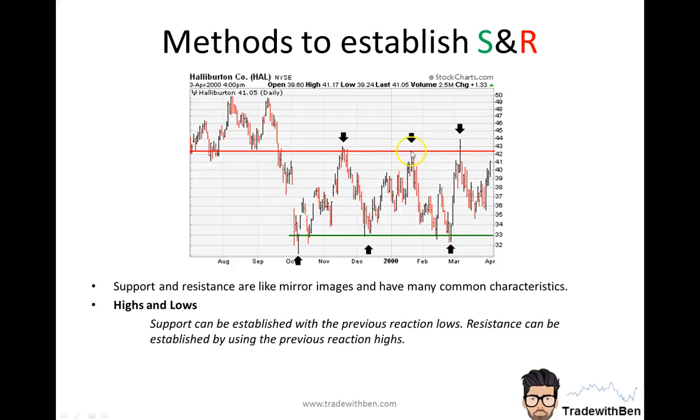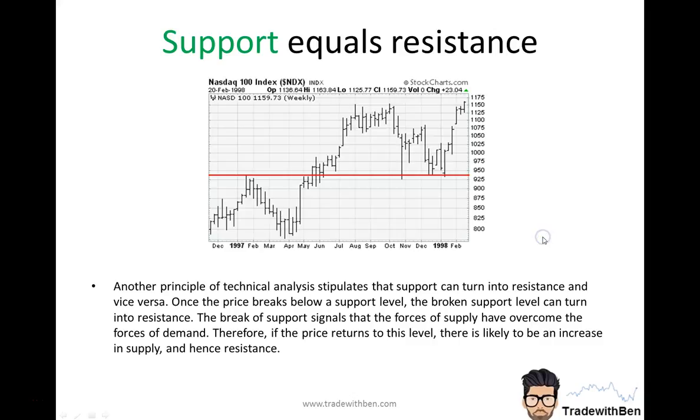When the stock failed to advance past 42.5, you can clearly see that a new resistance level was confirmed. The stock subsequently traded up to 42.5 two more times after that, and it failed both times. So support equals resistance.